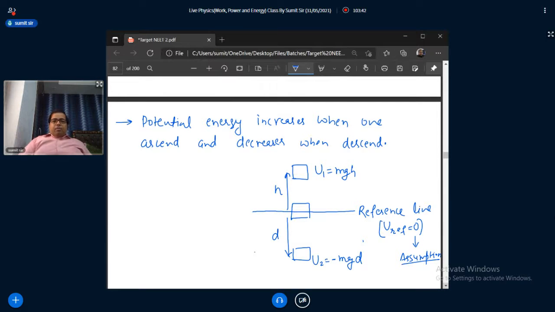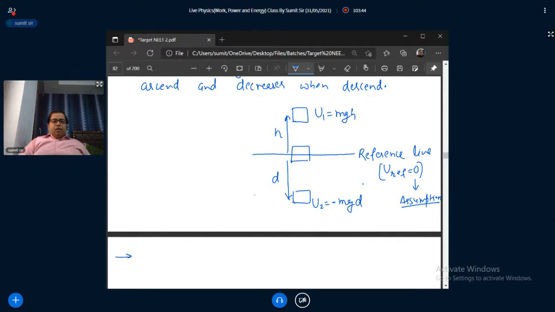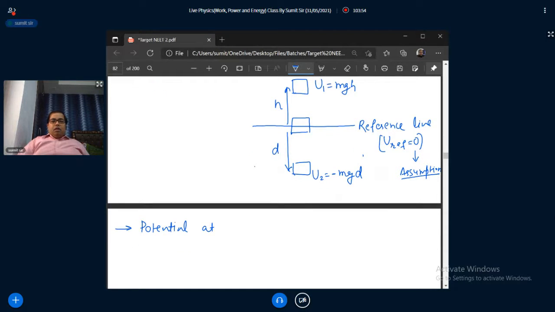Now, the second point is that potential energy on a horizontal surface is constant. What is the meaning of this?